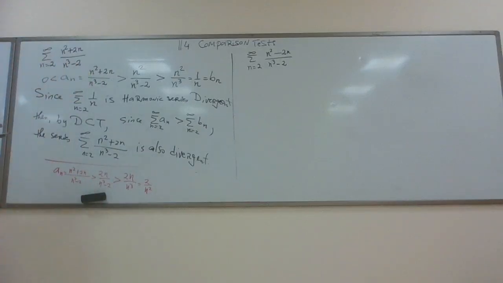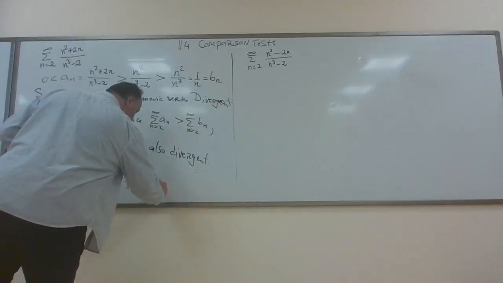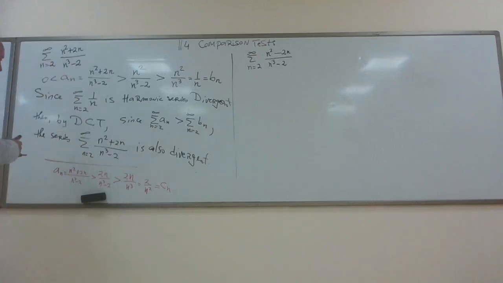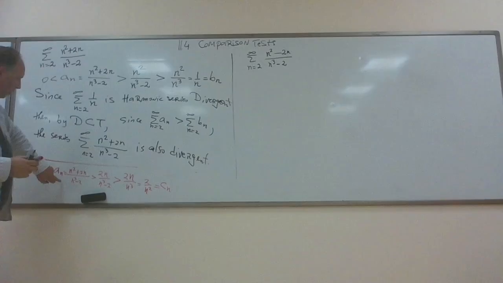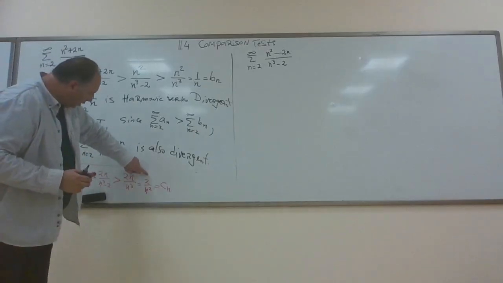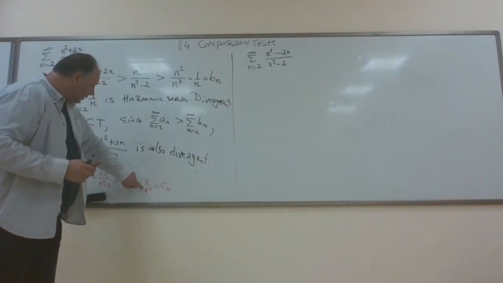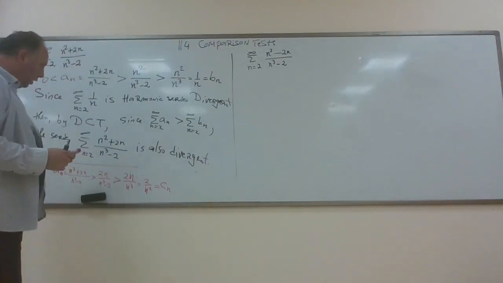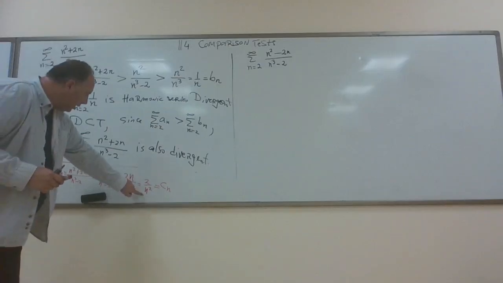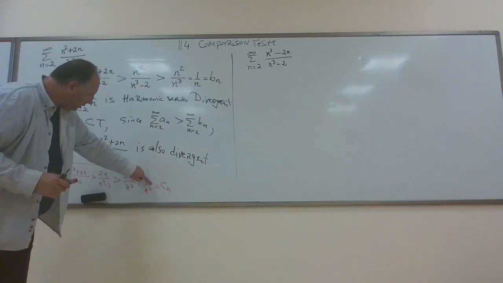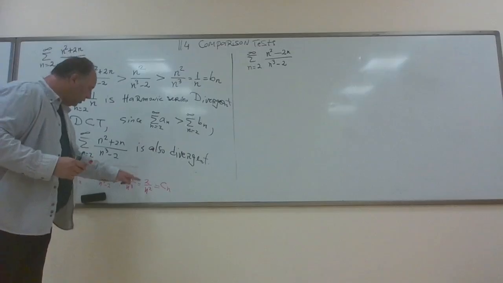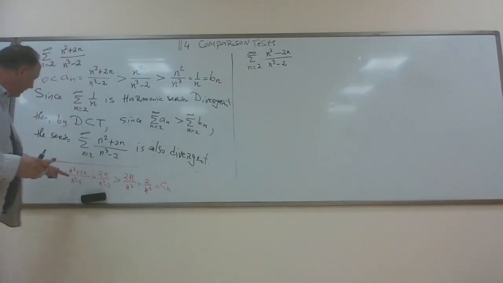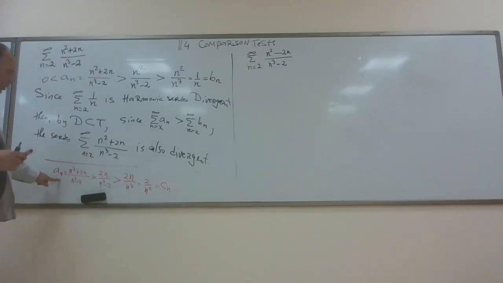So let's call this c_n. In this situation, what do I realize? I have the general term of my series, which is bigger than the general term of the series with 2 over n to the power 2. So that would be a p series with p equal 2, so that series would be convergent. My series is bigger than that. Oops, that's not helping me conclude anything about my series.